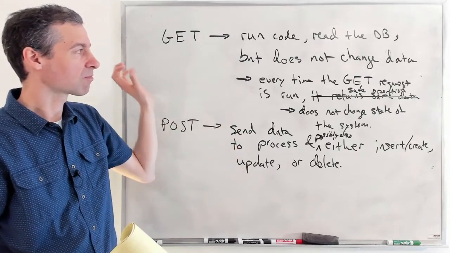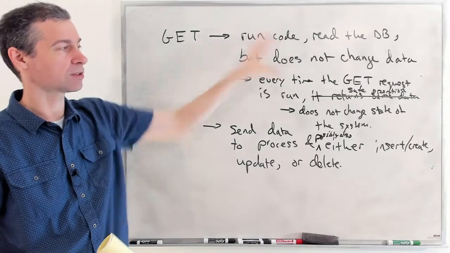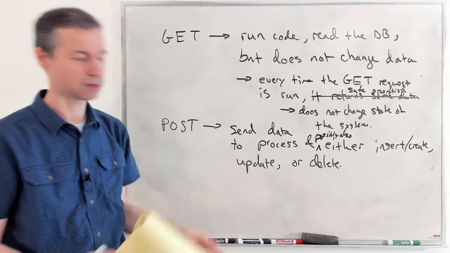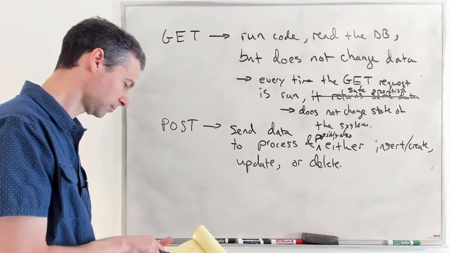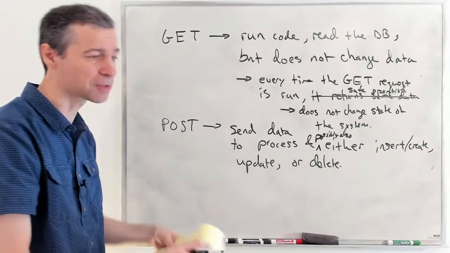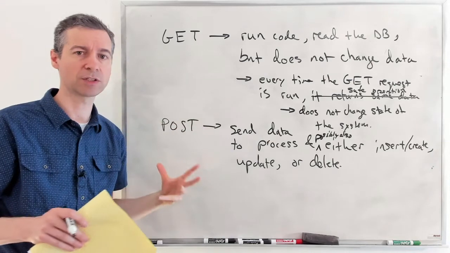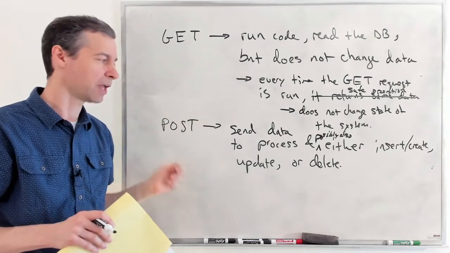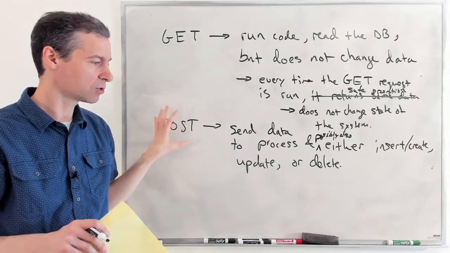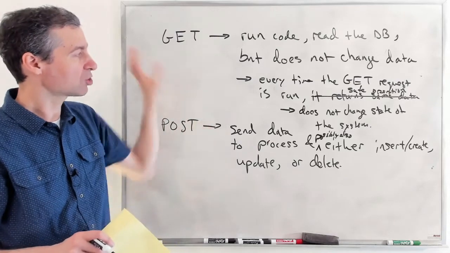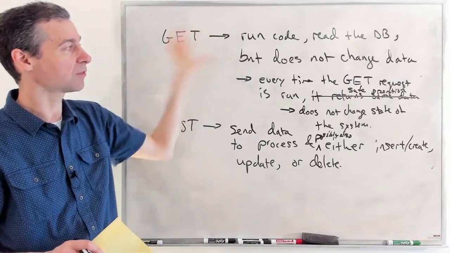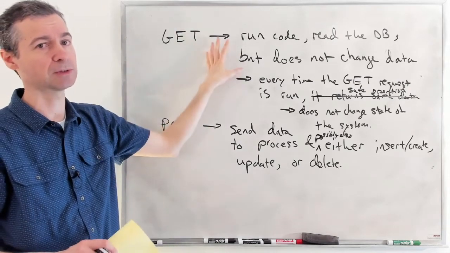And if we're not trying to change the system, we do it with GET requests. And sometimes it's just a design decision about what's the right thing to do. But absolutely, you shouldn't put things that change the state of stuff under a GET request. That's an absolute no-no.